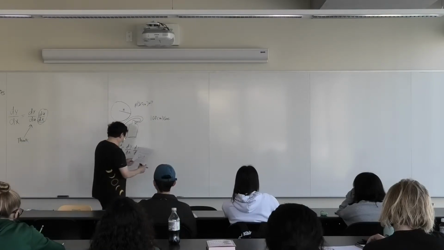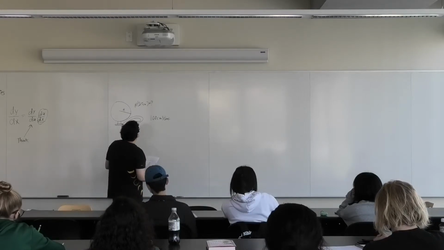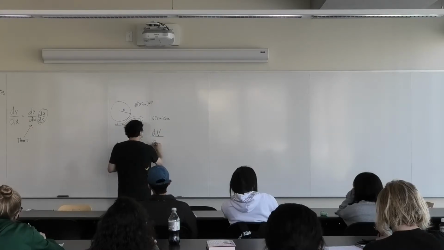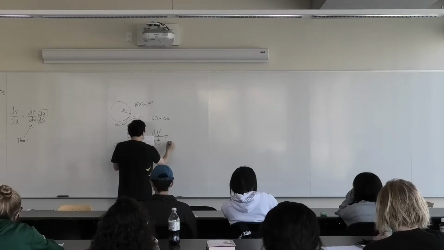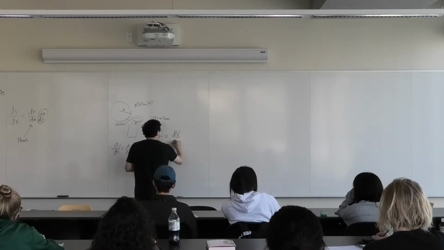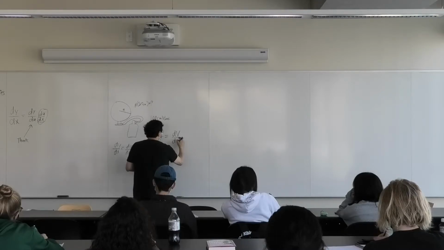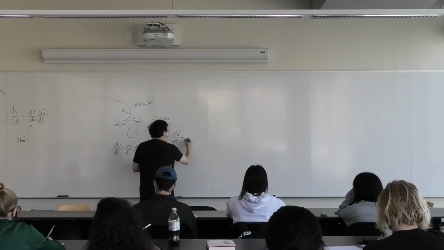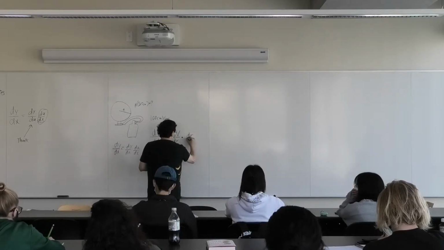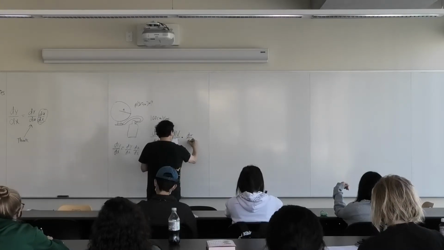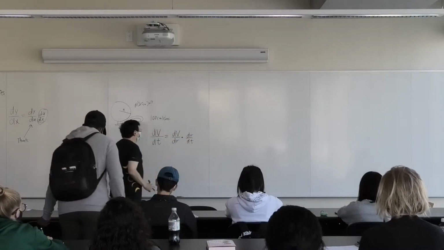So the first thing we want to do is get the variables right. We have a change in volume with time. And we're going to write it this way, using the chain rule. Change in volume with respect to the radius times change in radius with respect to time.